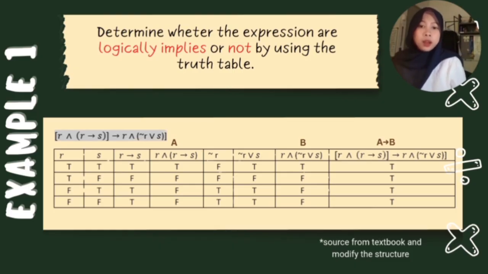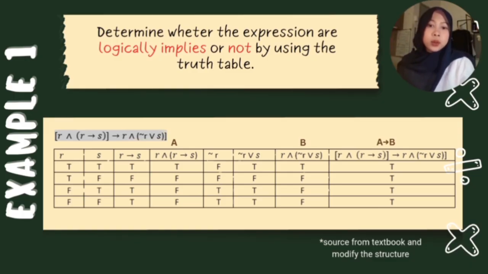Next column, we have not R: false, false, true, true. Next column, not R or S: true, false, true, true. And for the other column B, R and in bracket not R or S: true, false, false, false.